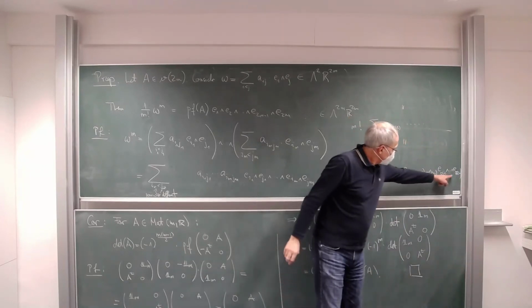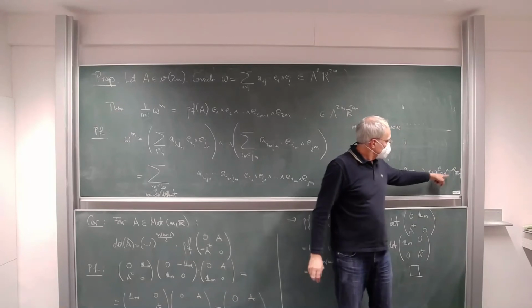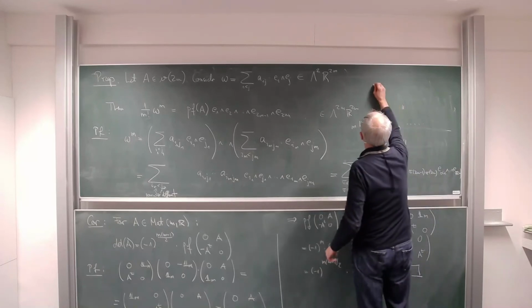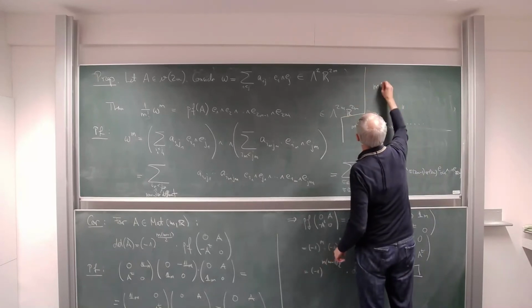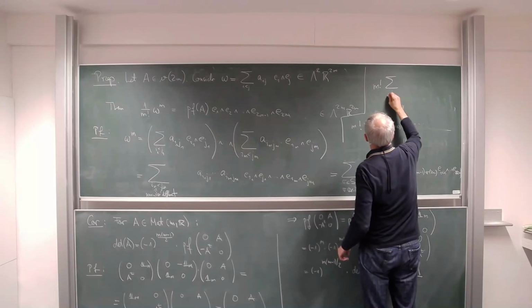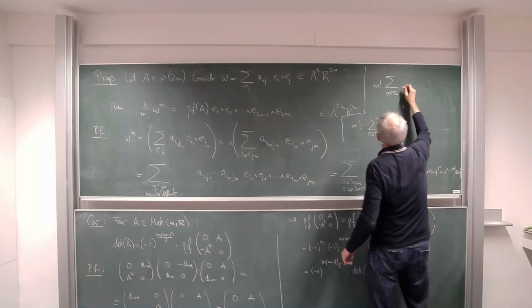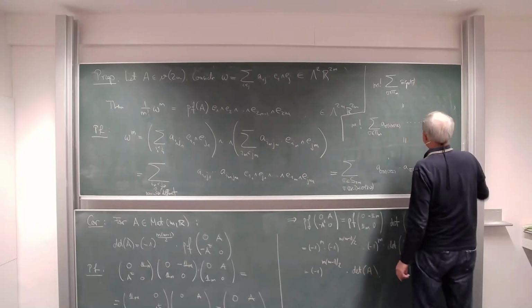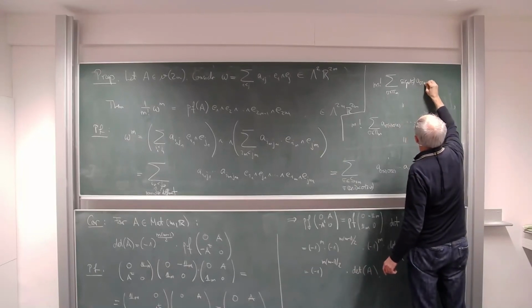And finally, we have to order that thing, but if we bring this in the right order, this gives us exactly the sign of the partition. So that is n factorial times the sum over all partitions, then we have the sign of the permutation of the partition, then these a terms.